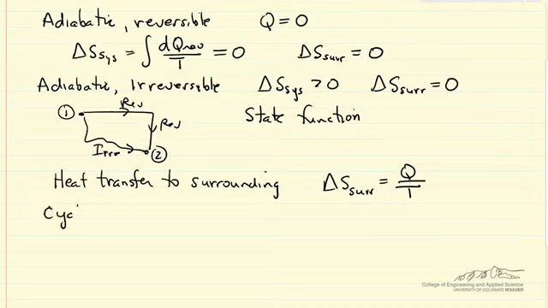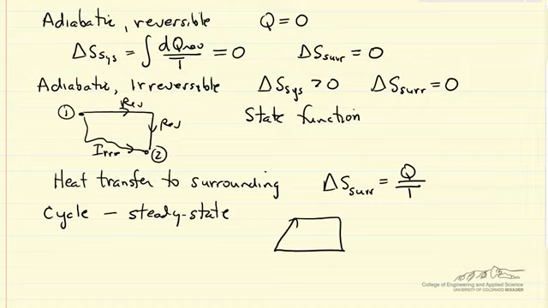Another situation we want to look at is if we are running a cycle. And by this we mean we're running a steady state process, running a fluid around continuously in a cycle. Nothing is changing in the system. So if we have some process, we look at any point in the system, nothing's changing.